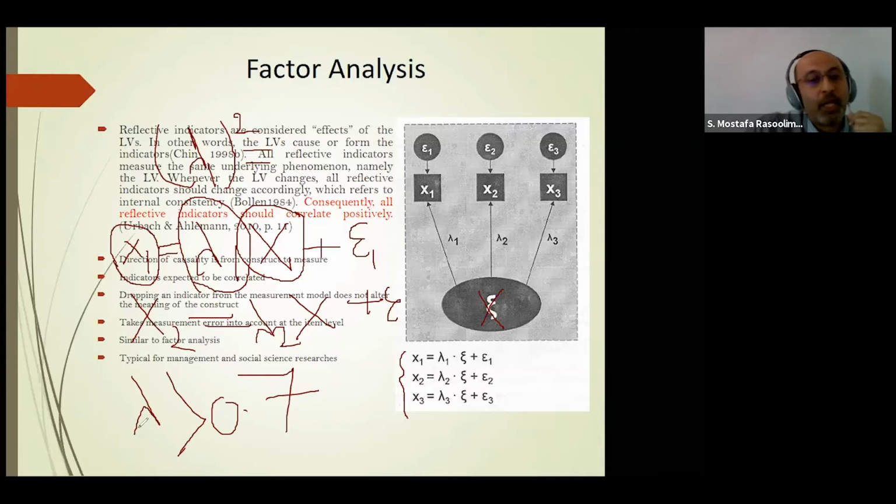Because when we say lambda higher than 0.7 is acceptable, squared lambda, this 0.7 to the power of 2, will be 0.49, so it's almost 0.5, meaning x1 and x have 50% shared variance, 50% common variance, right?